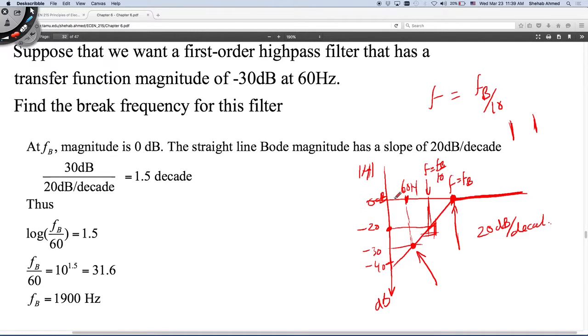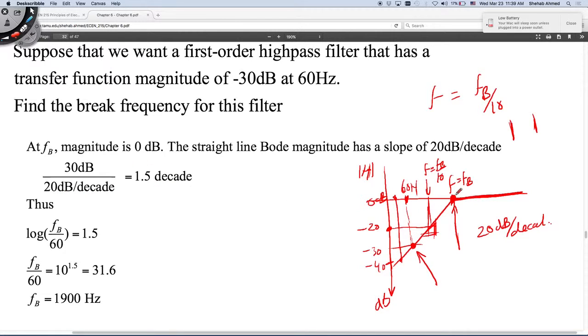So I've passed the point of interest, which was the minus 30 dB. Where does this minus 30 dB fall? 1.5 decades before f equals fb, right? So 30 dB over 20 dB per decade, which is my slope, is 1.5.